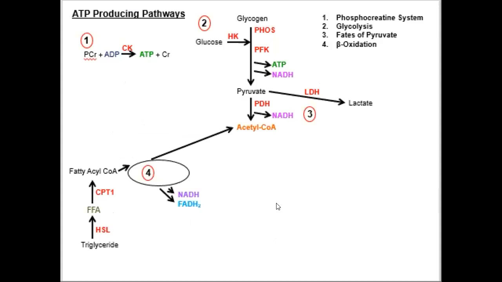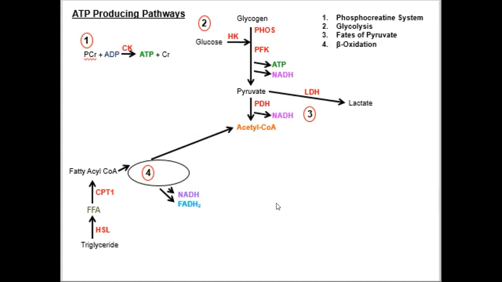So again, here we have that metabolic kind of master map of all our metabolic pathways that we're gonna look at. And now we can add the beta oxidation to this slide. So again, we start off with triglycerides. We broke them down into free fatty acids.